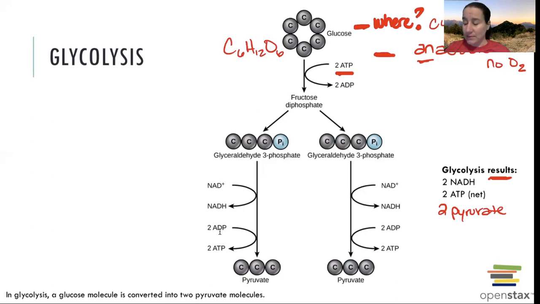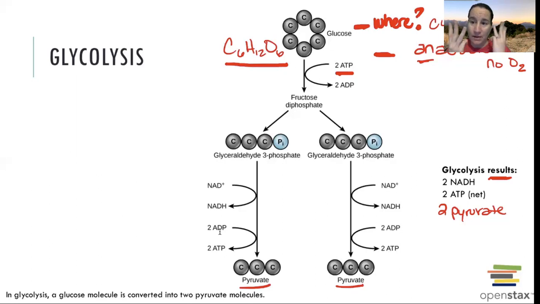At the end of all the steps, we start off with glucose, C6H12O6. We end up with pyruvate. Pyruvate, this 3 carbon molecule is what we end up with, and we end up with 2 of them. So we took our 6 carbon molecule, this is our glucose, and we end up splitting it, lysing it in half into 3 carbon molecules of pyruvate.